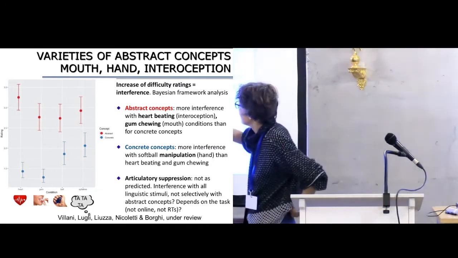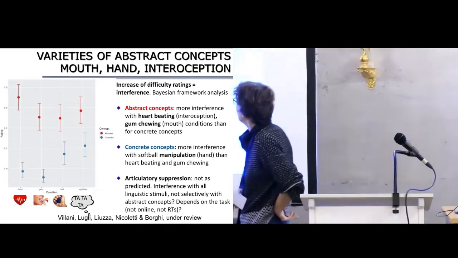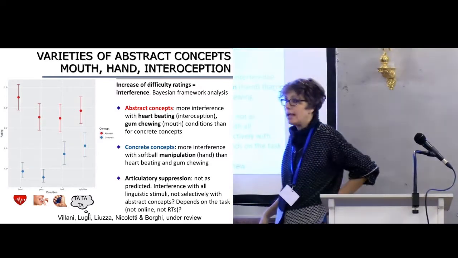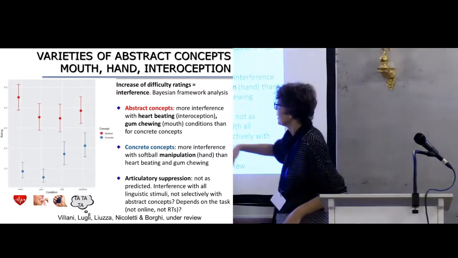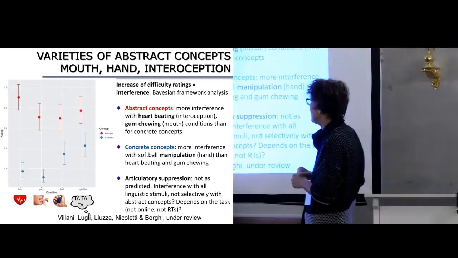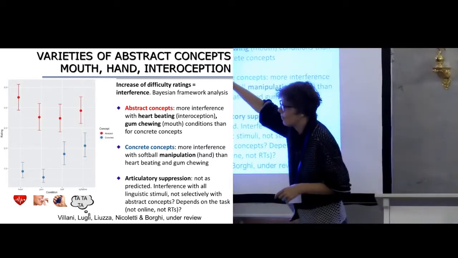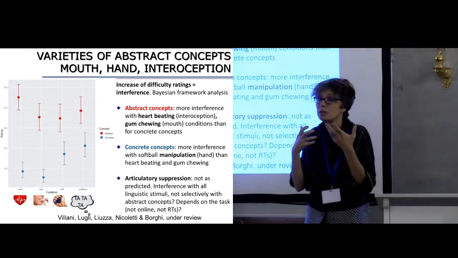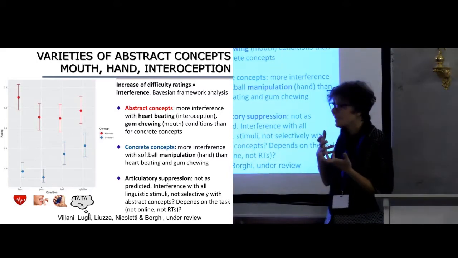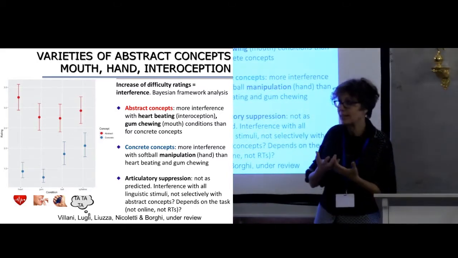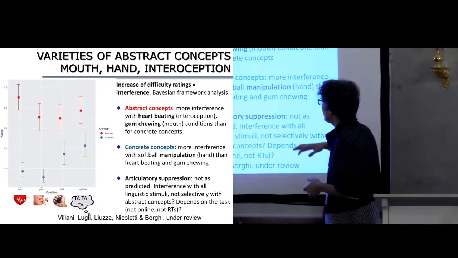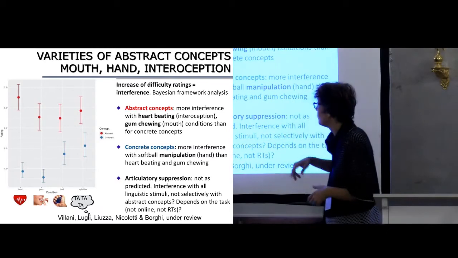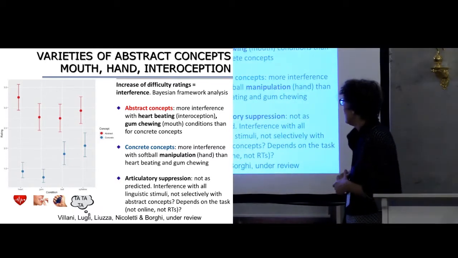We found that, as you can see there, with abstract concepts there is a higher interference of heart beating, so a strong role of interoception, and a high interference of gum chewing. So the activation of the mouth increases the difficulty ratings of abstract concepts. With concrete concepts, there is more interference with the softball manipulation, as you can see.